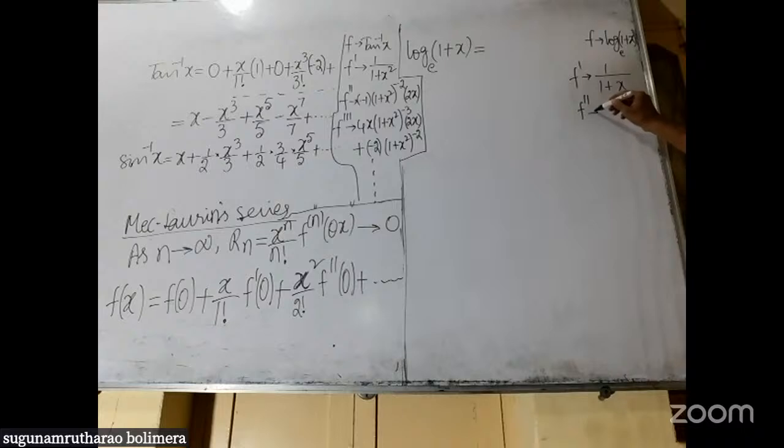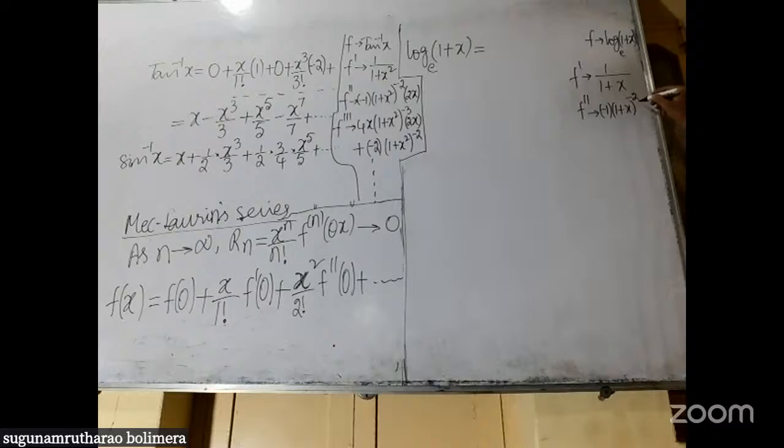The second derivative: if you have this in the numerator, (1 plus x) whole power minus 1, so minus 1 into (1 plus x) whole power minus 2.